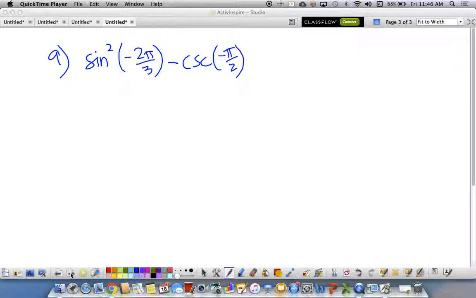Right. So what is negative 2 pi over 3? It's negative. It's in the third quadrant. We didn't quite make it around. 240. So we've gone not quite to there.